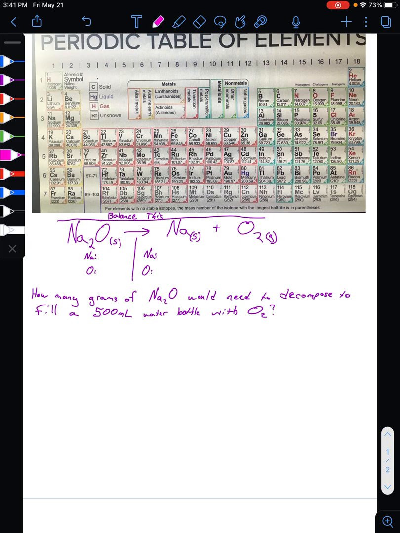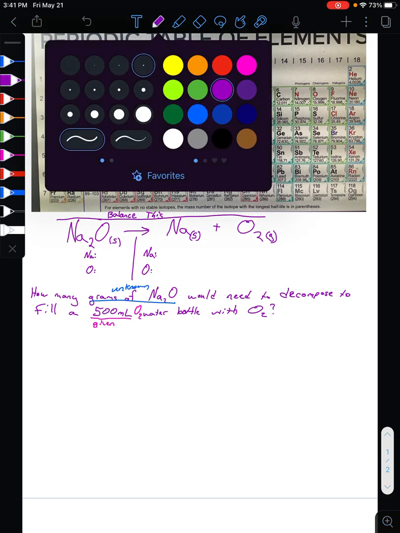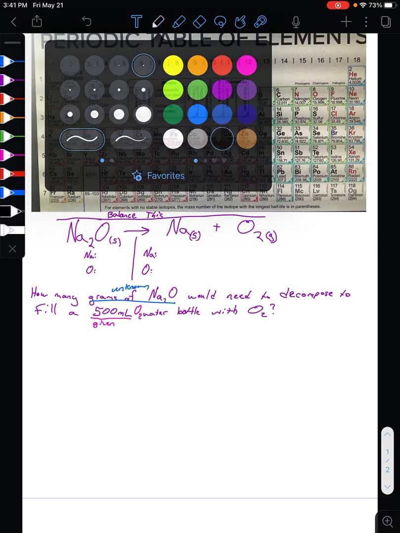So if I'm to note this, this is my given, and it's actually O2. And this is my unknown. It's the target. So let's set up the problem like so.